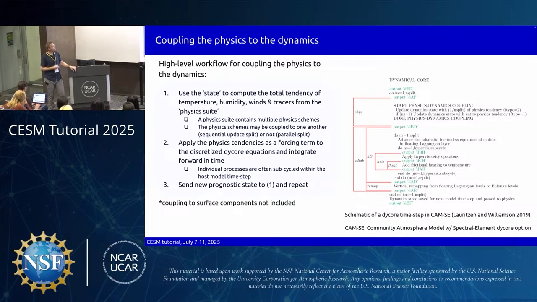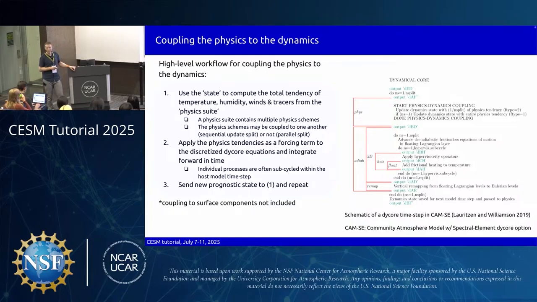So the first thing we do in that model is we define the state on the resolved scales. We pass that to our physics suite. And the physics suite here will contain a series of parameterizations, so shallow convection, deep convection, radiation, microphysics, unresolved gravity waves, surface drag, all these kinds of things.